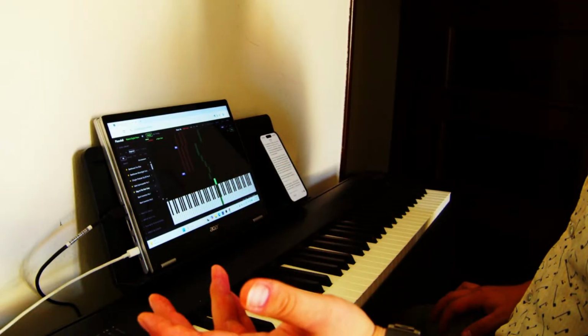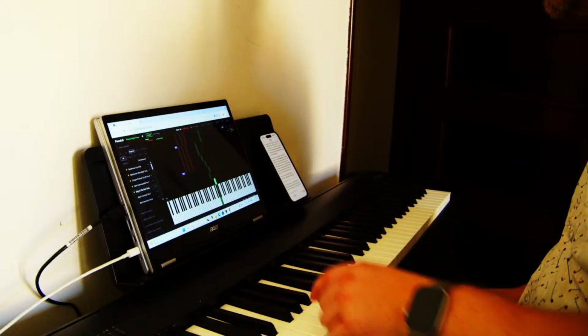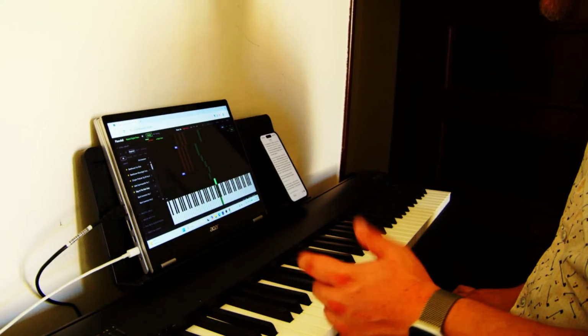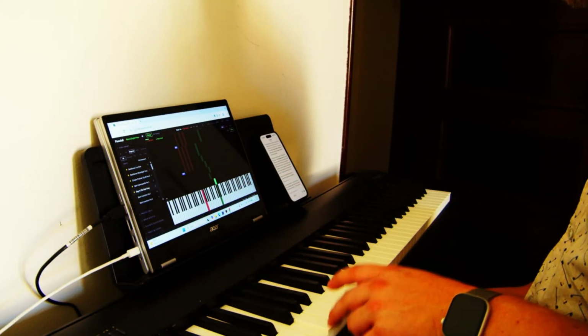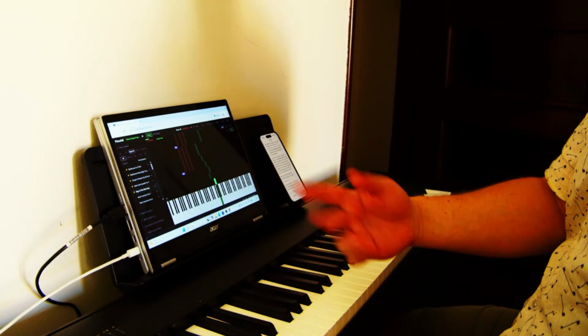No, there's definitely a delay between the MIDI signal, but it's weird because the highlight is direct, right? You can literally see the highlight disappearing and then the sound playing.